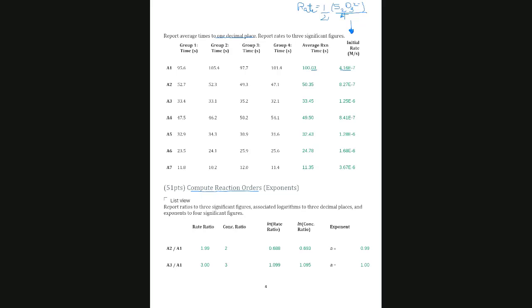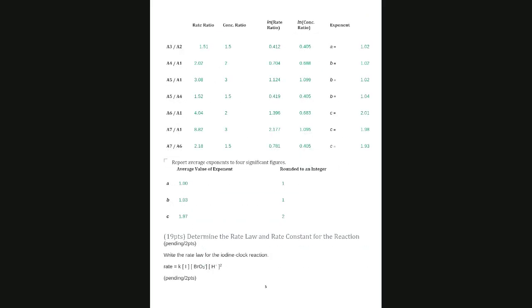You divide A2 by A1, and you have the same way we did the problem, and you calculate the ratio, the rate ratio, the concentration ratio, and then the natural log and the exponent. Does it make sense, this part? This is what we've been doing in the practice problem, how we did it.